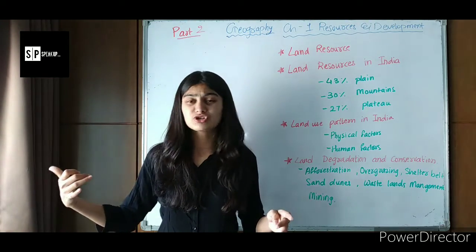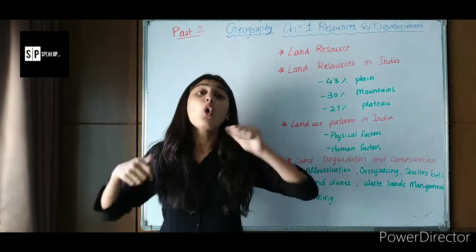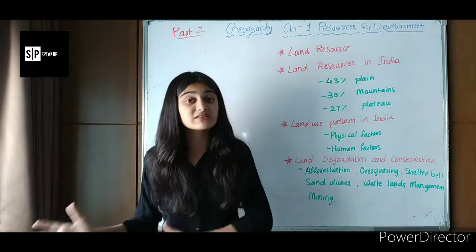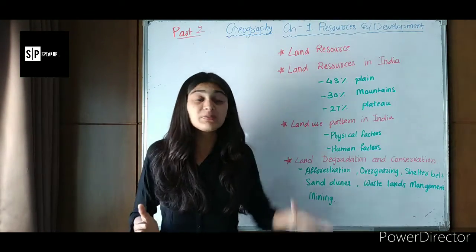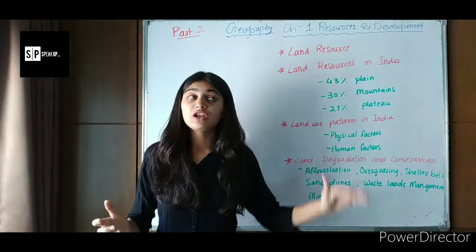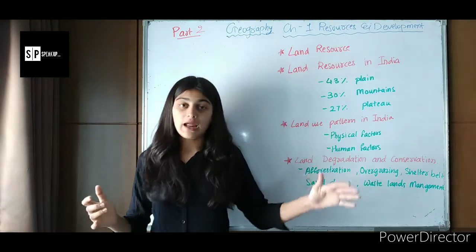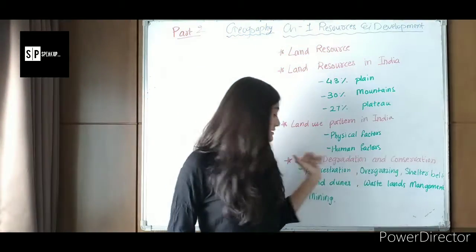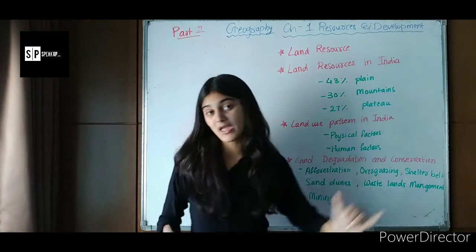Due to the green revolution, it has increased a lot. Over irrigation, all these things lead to land degradation, that is depletion in the soil or land quality.